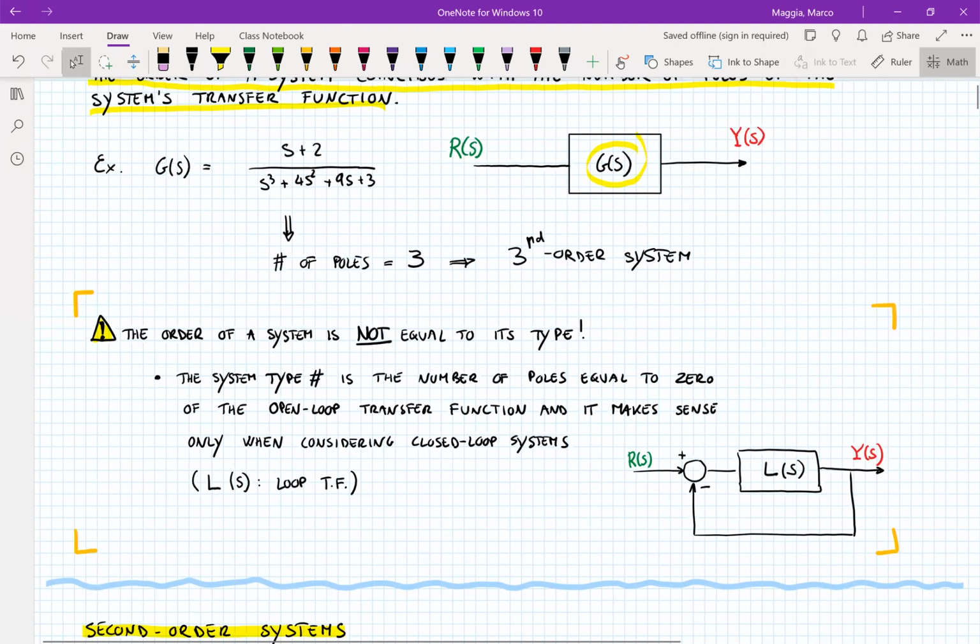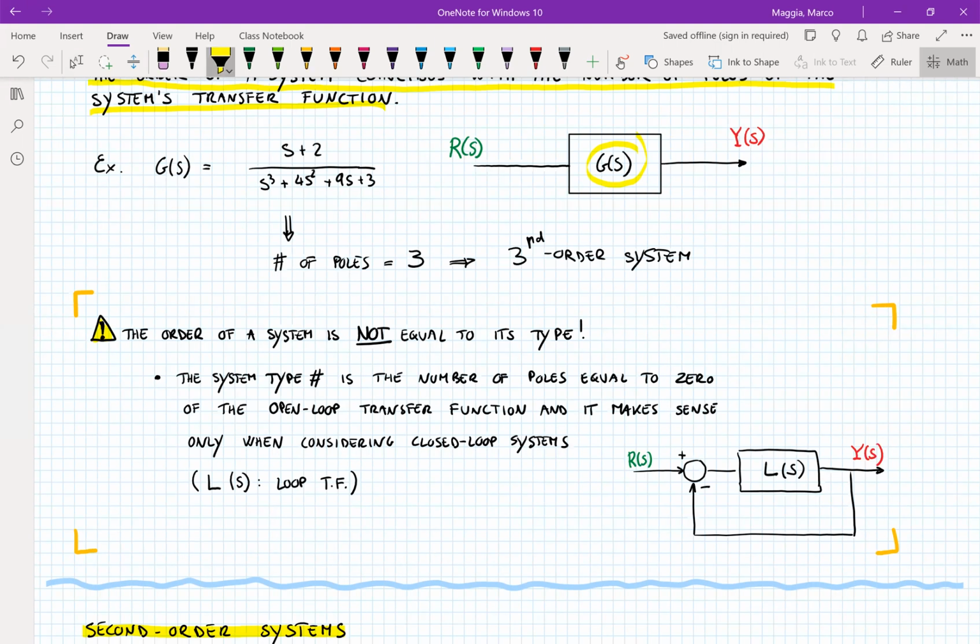Now, something to be aware of is that the order of a system is not necessarily equal to its type. From what we saw last time, the system type number is the number of poles equal to 0, so the poles at the origin, of the open loop transfer function. And it really makes sense only when we consider closed loop systems.